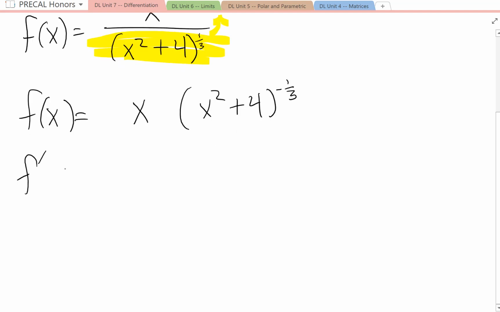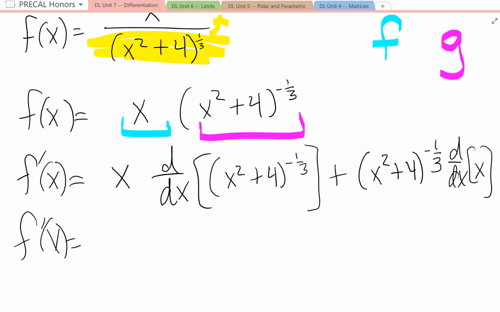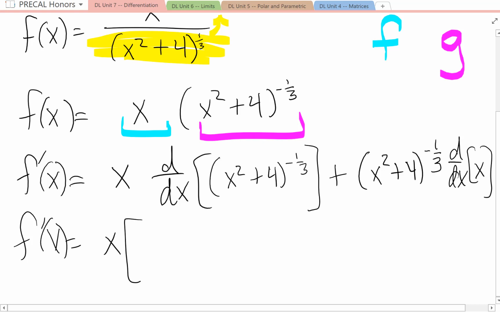And now we will use the product rule and the chain rule to solve. So that will be f, and this whole thing will be g, f dg plus g df. The derivative in here will require the chain rule, so x times pop down, power down. The chain rule states the derivative of the outside times the inside.